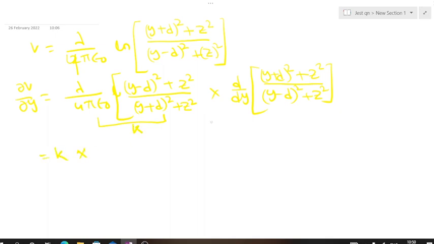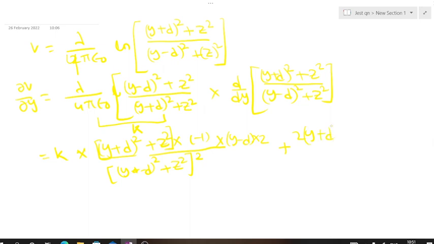So k is into, we have to do it in a simple manner, using the quotient rule, 2 into (y plus d) and then (y minus d) whole square plus z square, that is the thing.